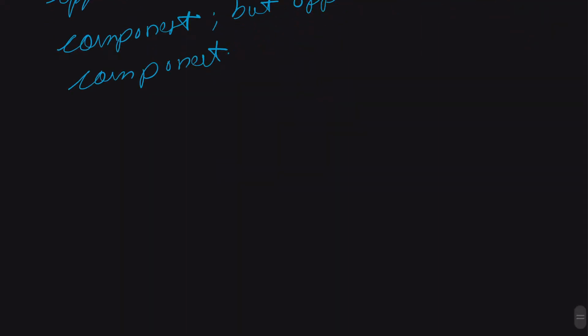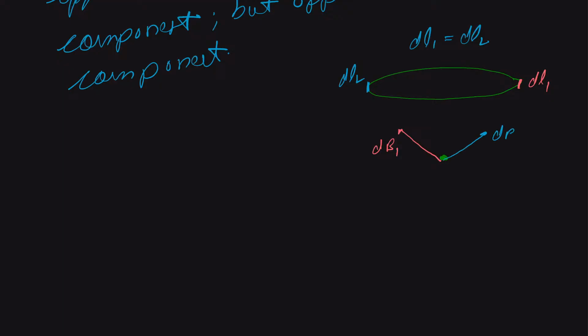In simplest terms, we can say that this is the ring, this is the center. So this is a small element, suppose dl1, and it will be producing a magnetic field which is somewhere here, that is db1. And the small element which is diametrically opposite, suppose this is dl2, obviously dl1 is equal to dl2, only for differentiation, and it will be producing a magnetic field in this direction, db2.